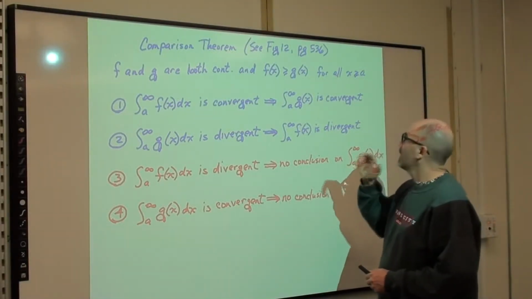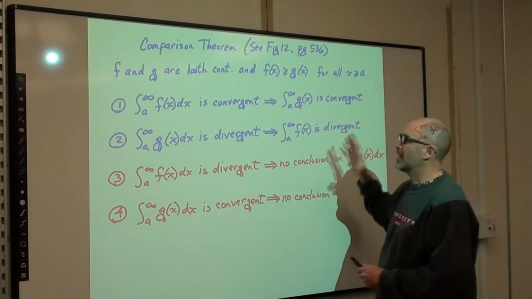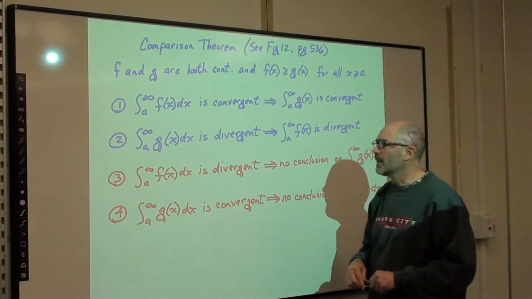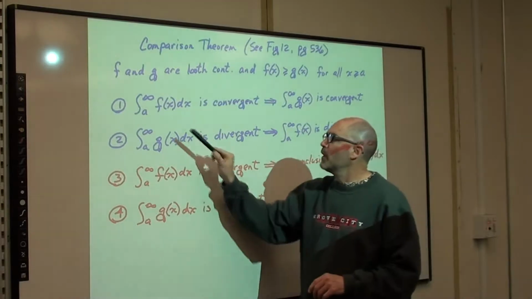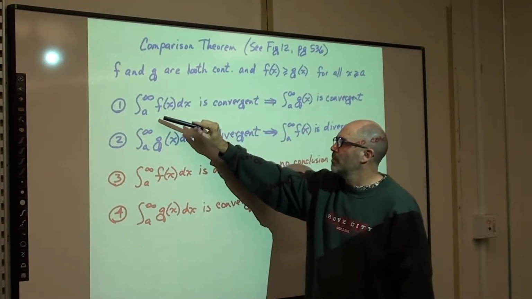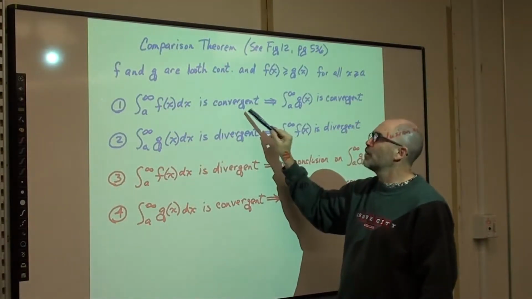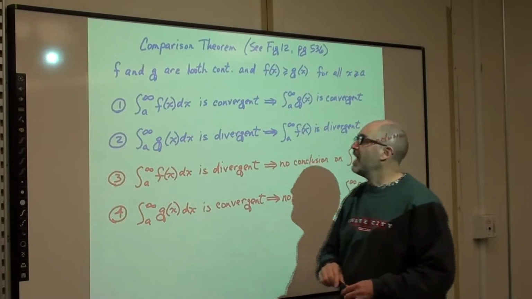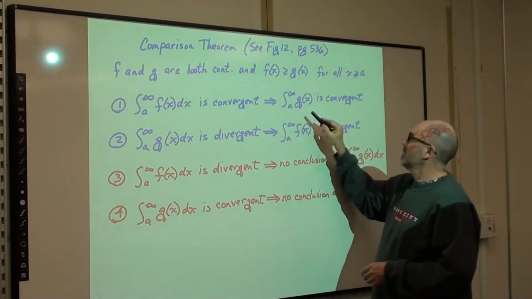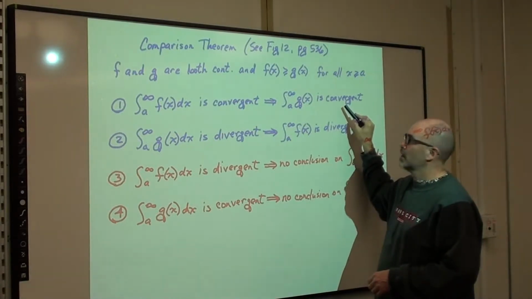Now, there is no ending point, there's no b here because that's going to be infinity. So now, if I find out that the integral from a to infinity of f of x is convergent, then that guarantees me that the integral from a to infinity of g of x will be convergent.